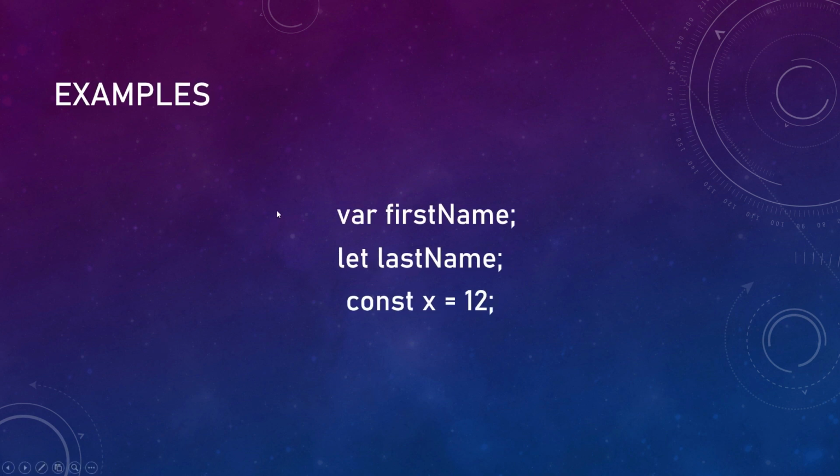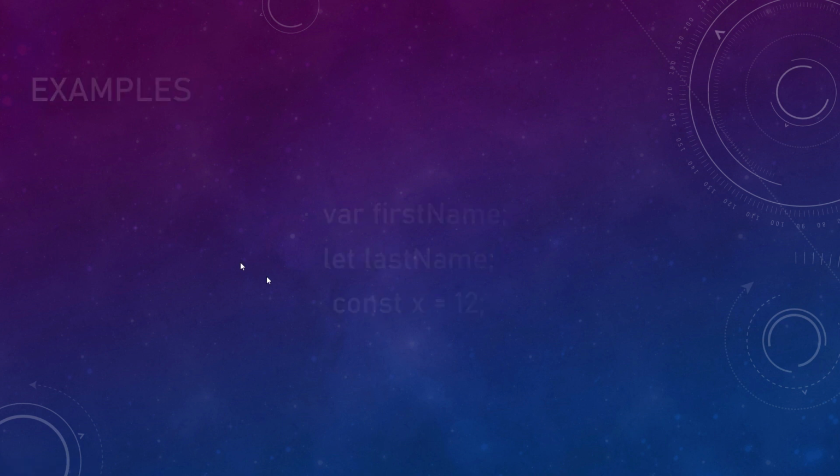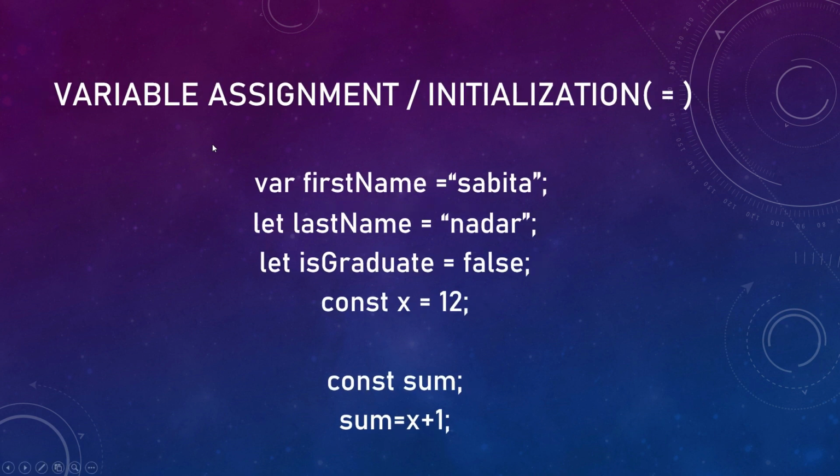What are the examples? You can see here, var firstName, let lastName, const x equal to 12. Now, variable assignment or initialization. Assignment means assigning the variable some value, which we do by using the equal operator.